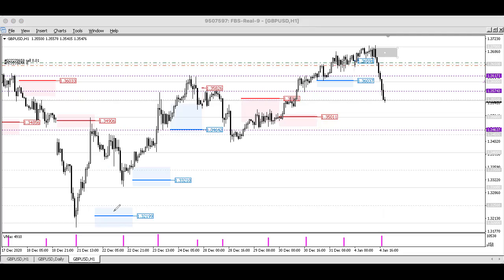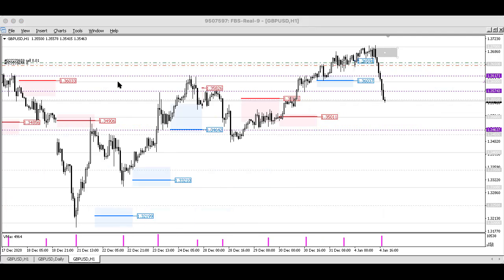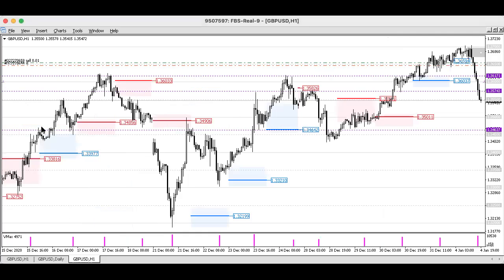So when you see a bullish zone, you're looking for buys until it gets broken. When you see bearish zones, you're looking for sells until it gets broken. Now, how I got it, I can't really tell you because that's my trade secret. Hope you understand.